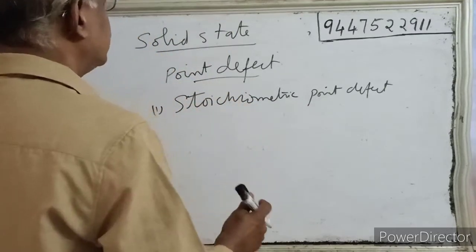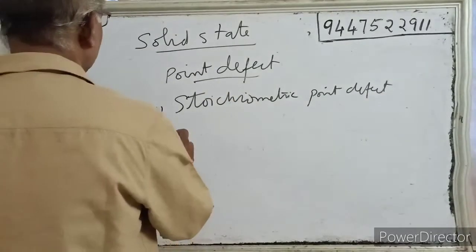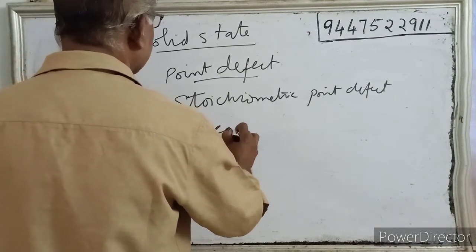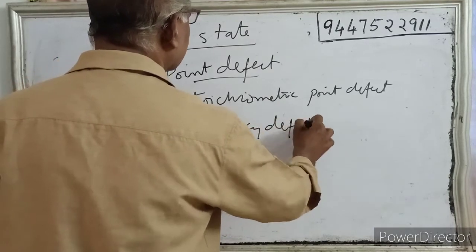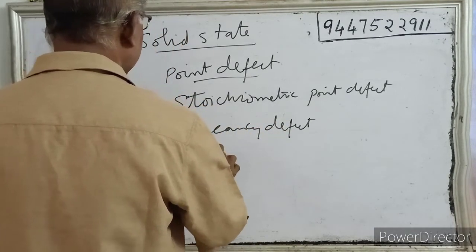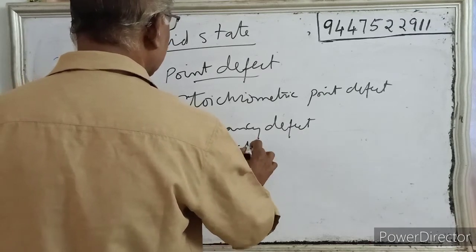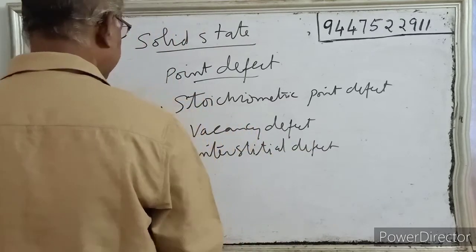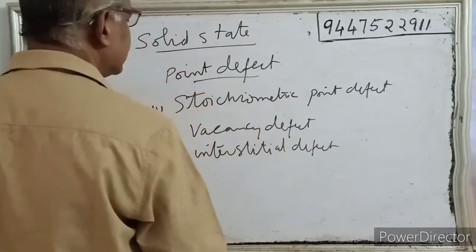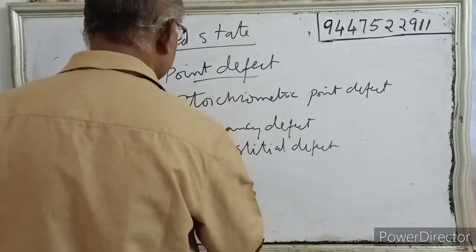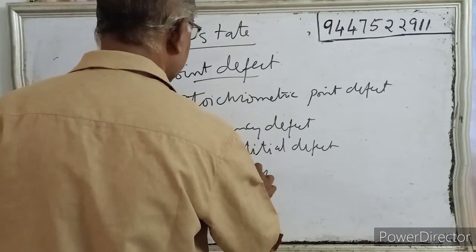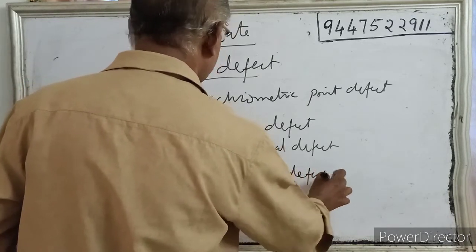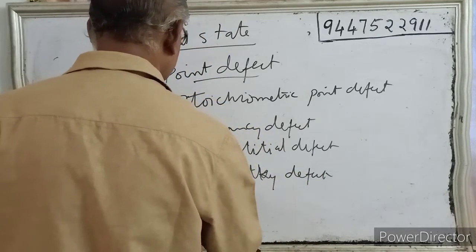The stoichiometric compounds are again classified into different categories. One, vacancy defect. Then interstitial defect, then Schottky defect, and the Frenkel defect.